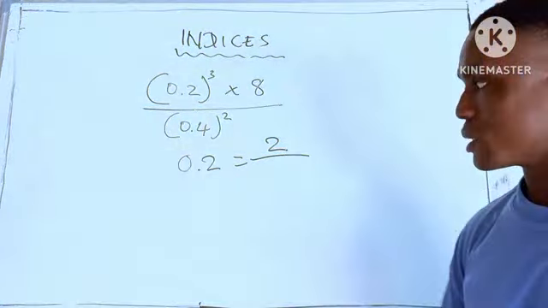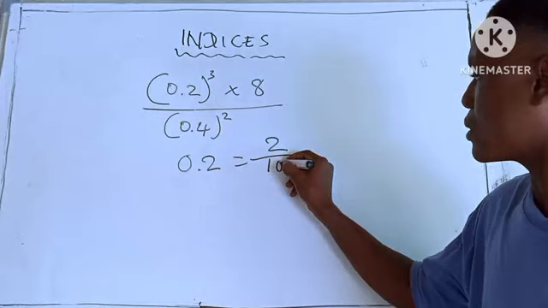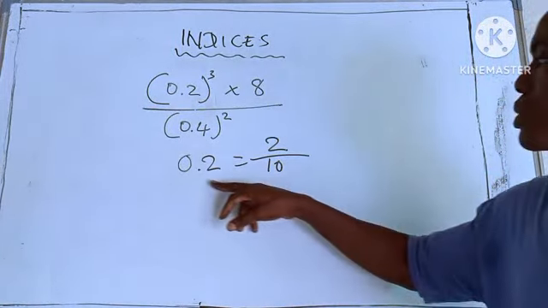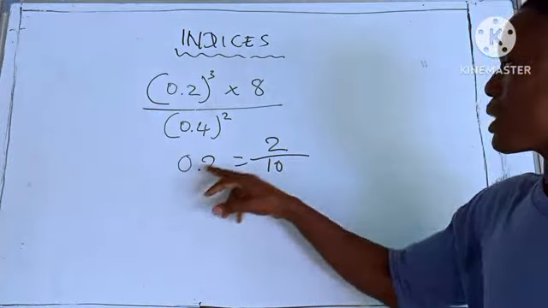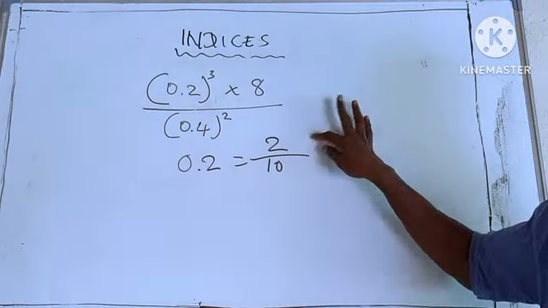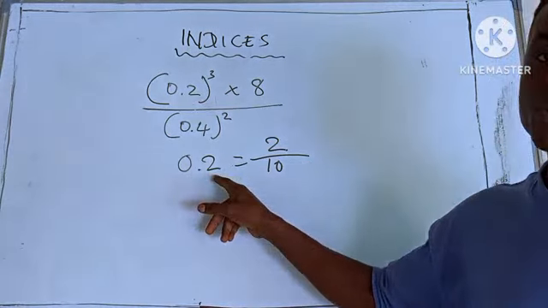Only 0, right? So you put 1, then 0. Please take note. So just put the 0, then add 1 to it. If you press your calculator, 2 divided by 10, it will still give you 0.2.